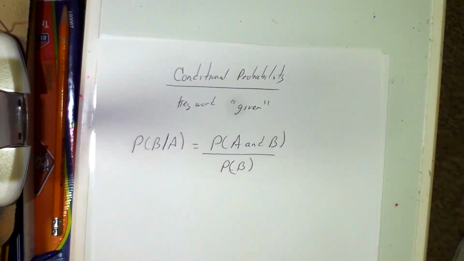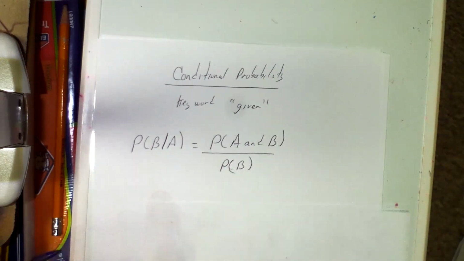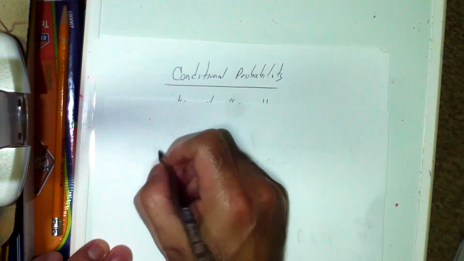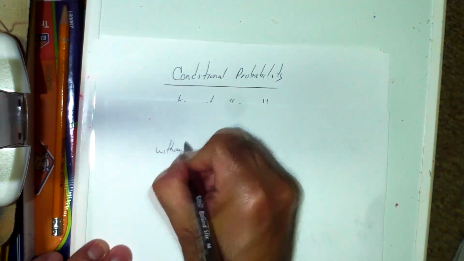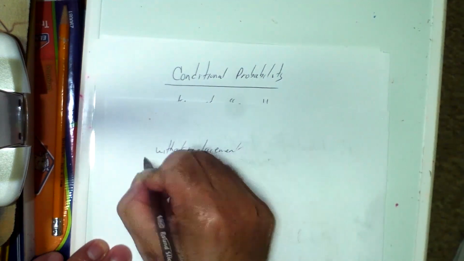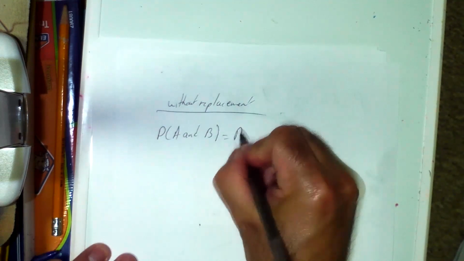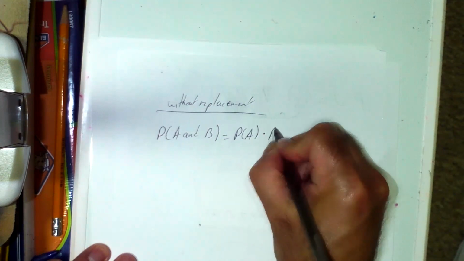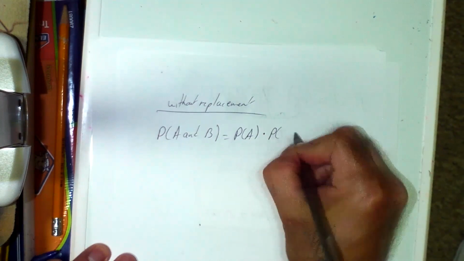Just as a side note, I'm going to show you where that came from. I'm going to cover that up real quick. As you recall from the multiplication rule of without replacement, the probability of A and B was equal to the probability of A times the probability of B/A.